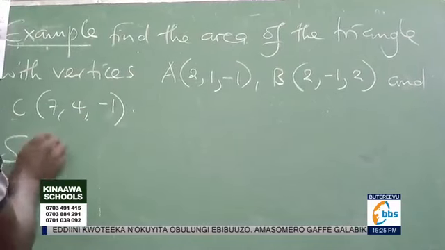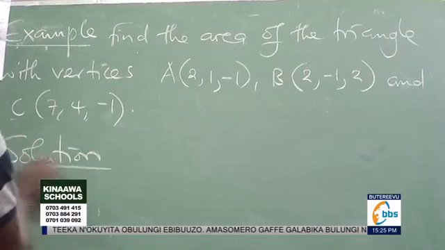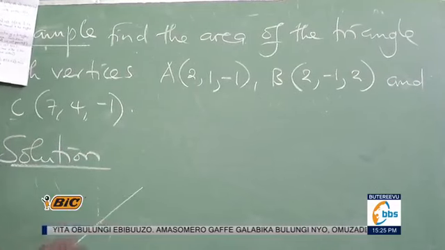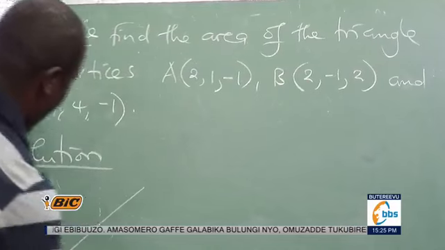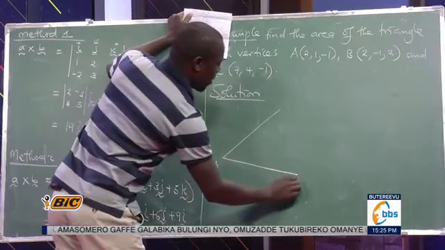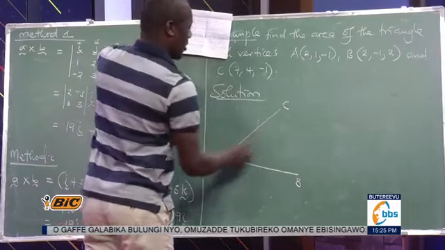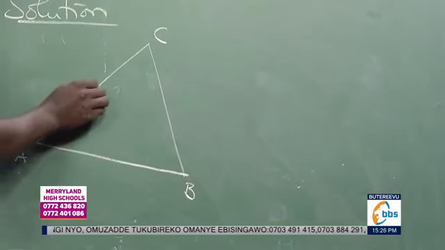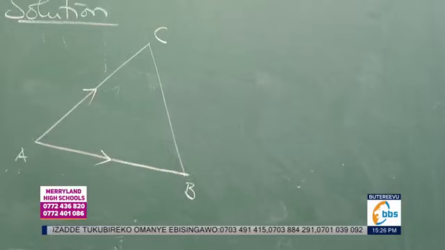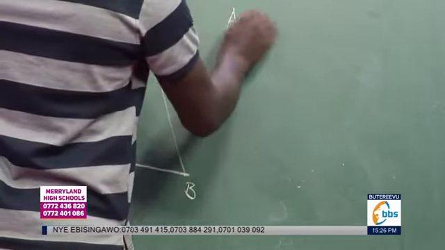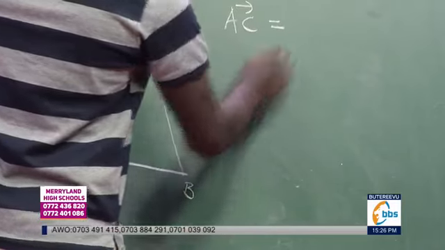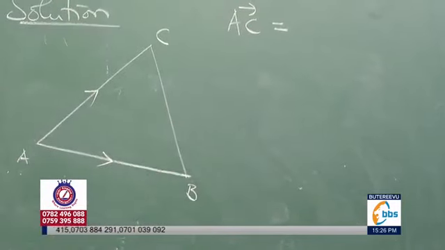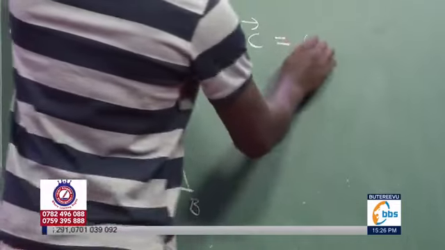So in our solution, we could try to sketch the triangle. This should be A, B, let that be point C. So we are looking at that triangle there. We shall assume that's the triangle determined by the two vectors, AB and AC. So we find the vector AC, which is OC minus OA.